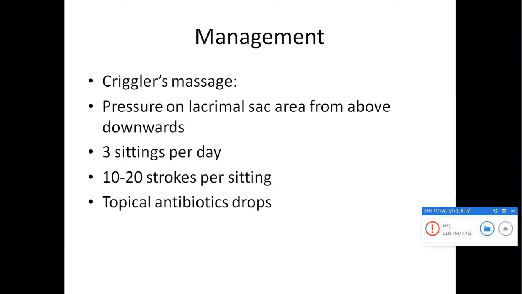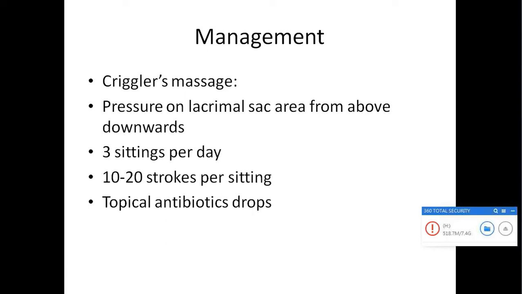How will you manage nasolacrimal duct obstruction? Crigler's massage. You should teach the mother to put a finger at the medial canthus of the child, then put pressure on the lacrimal sac area and massage it from above downwards. She has to do 3 sittings per day, 10 to 20 strokes per sitting: in the morning, 10 to 20 strokes, afternoon, 10 to 20 strokes, and night, 10 to 20 strokes.